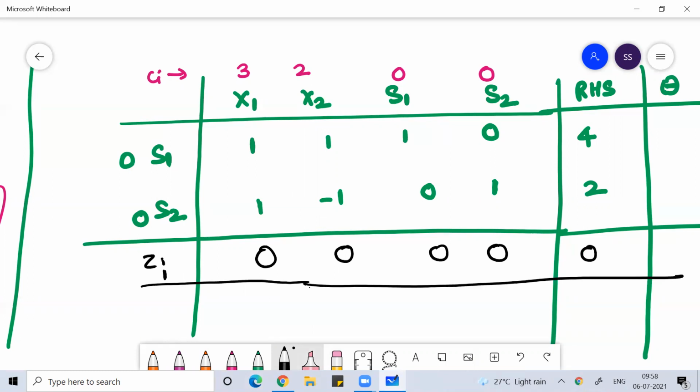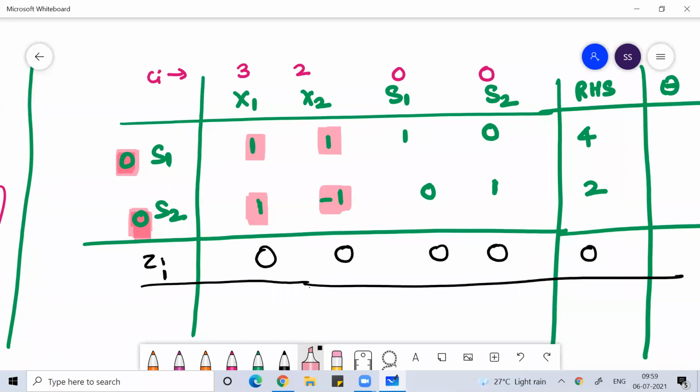Why? Because 0 into 1 plus 0 into 1, then 0 into 1 plus 0 into minus 1. So 0 multiplied with any number will be 0, and 0 plus 0 will be 0. So the first time when we calculate Zi, it is always 0, because we always start with dummy variables having 0 coefficient.